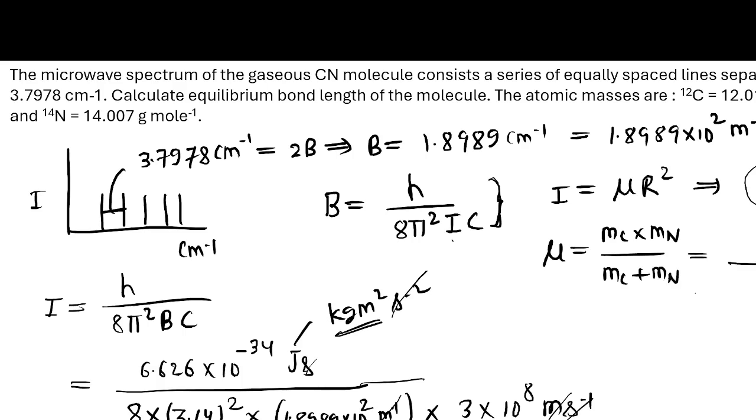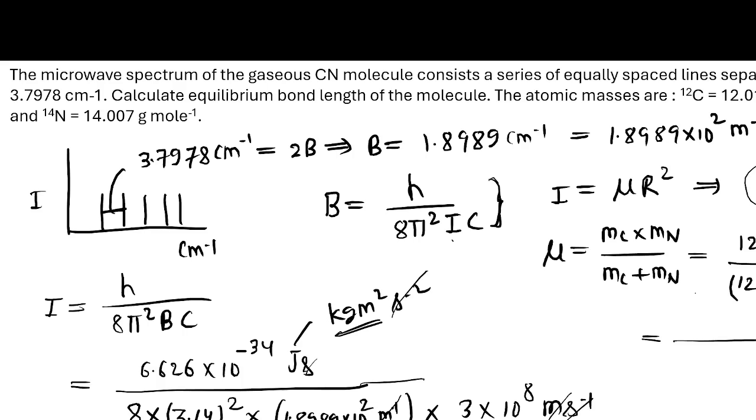It's all given here: 12.011 gram per mole, 14.007 gram per mole, and 12.011 plus 14.007 gram per mole. So this gram per mole will cancel out.